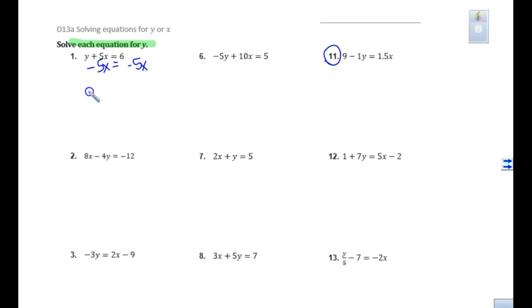Yes. And I'm pretty much done, right? My answer: 6 minus 5x. If you want to get in the habit of writing it in the algebraic form with the variable first, you would have negative 5x plus 6. I am okay if you stop at this point, but just know that these two are the same.